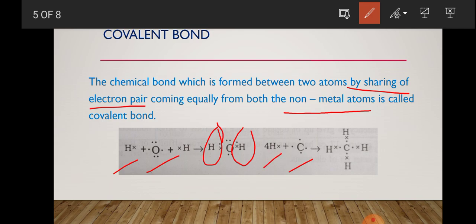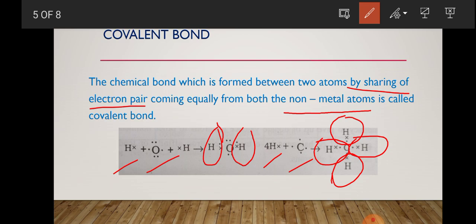To fill up octet, carbon needs 4 more electrons. So here carbon shares its 4 electrons with 4 hydrogen atoms and forms covalent molecule methane.